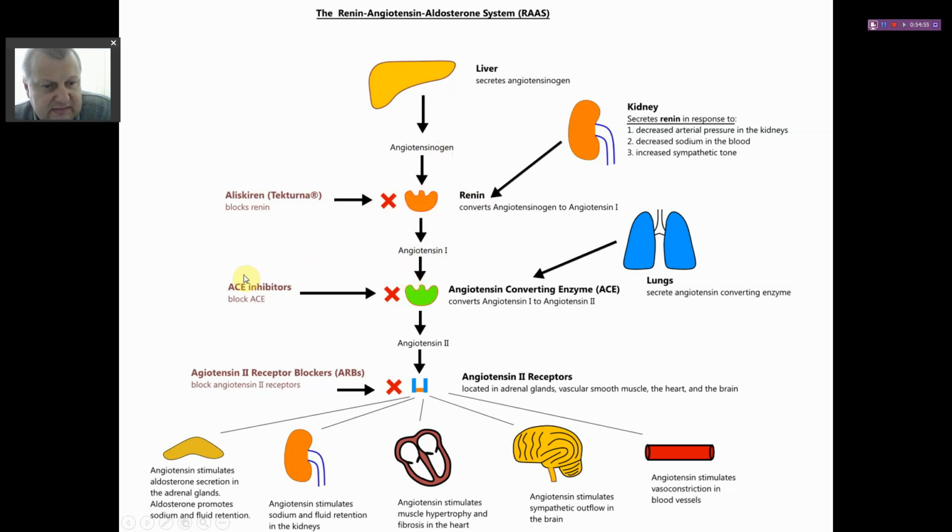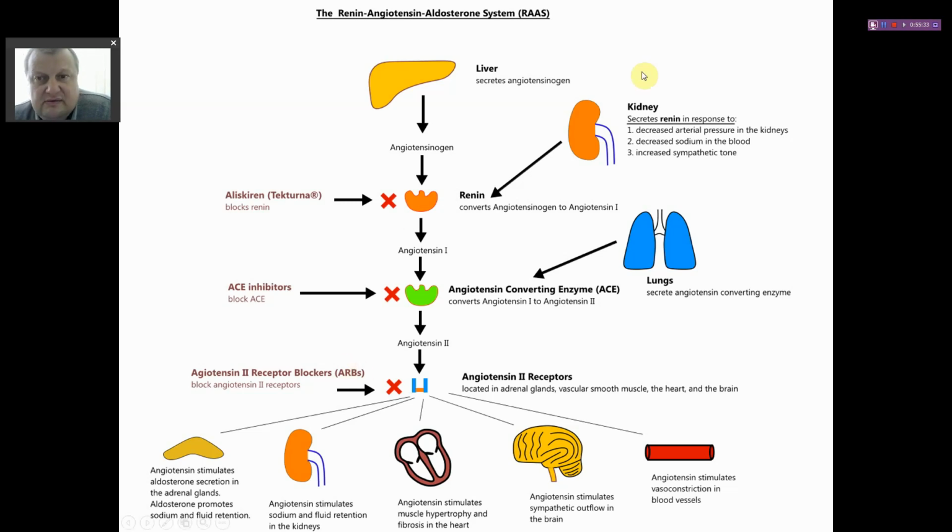And another inhibitors, ACE inhibitors, block this angiotensin conversion enzyme, and the result is that angiotensin 2 couldn't be synthesized. And the result, again, there is no secretion of aldosterone, no reabsorption of sodium and water, and no increasing of the blood pressure.